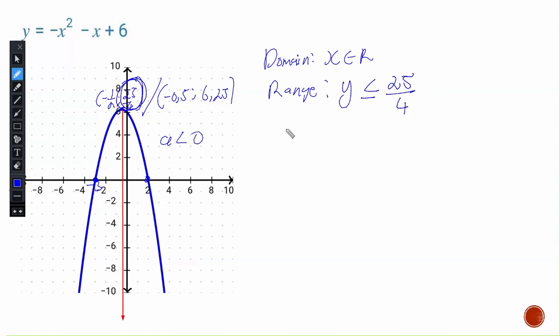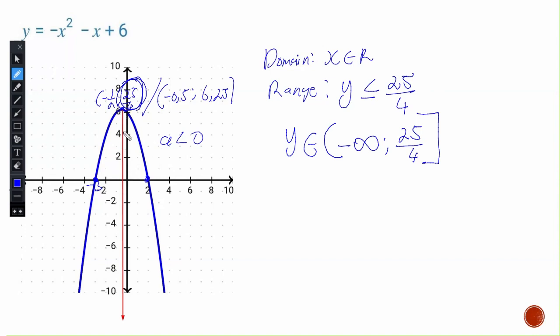Or if you have to write this in set builder notation, we will say y is an element of, round bracket, from negative infinity all the way to positive 25 over 4, and then square bracket. You get the whole idea, because this now starts all the way from down here and goes all the way up there, right?